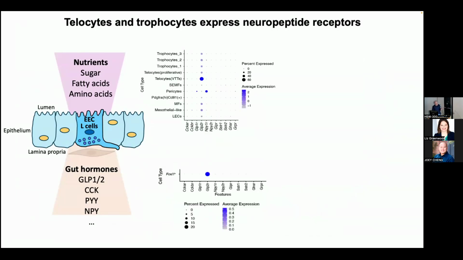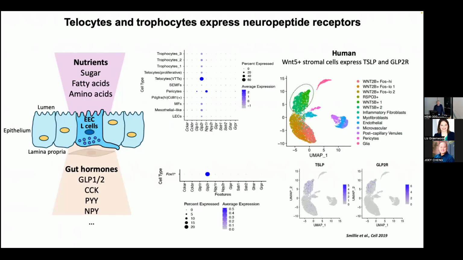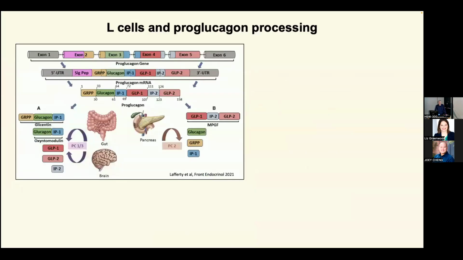And by sequencing, we could line up all of the different telocyte and trophocyte populations. And it was clear they all express the GLP-2 receptor, and that all of these expressed the telocyte transcription factor FOXL1. And going into human databases, we could pull out the exact same cells. This is from the Haber lab, just showing TSLP and the GLP-2 receptor are expressed in the same cell.